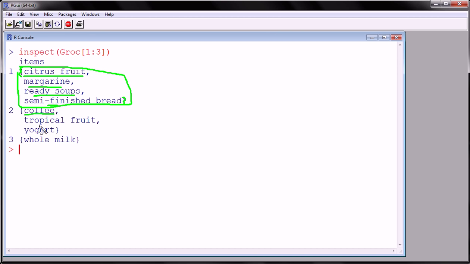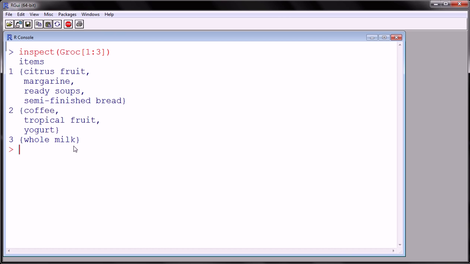The next transaction was for coffee, tropical fruit, and yogurt. And notice that they're ordered alphabetically, where they weren't in the raw data. Third transaction was just for whole milk. So I remember these, so that's nice. So this is how the data is recorded. If I ever want to inspect any of the transactions, I can use inspect to look at them like this.